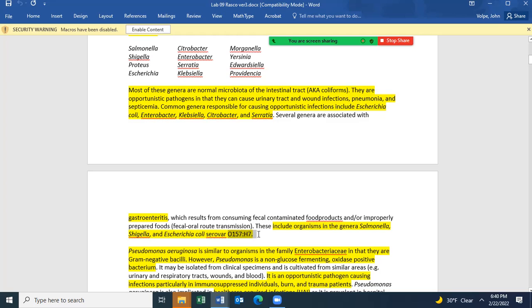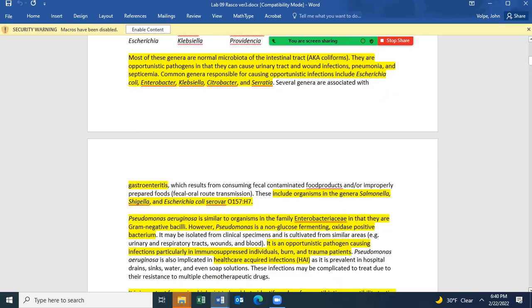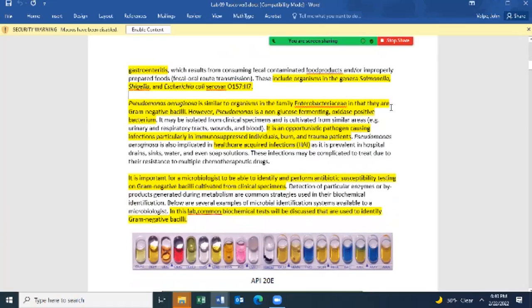It is E. coli, but it's a variant that is a human pathogen. Salmonella and Shigella, if you don't know, are not normally growing in humans. They're not a part of our normal microbiota, but they can grow in your intestines, and then they'll cause disease.